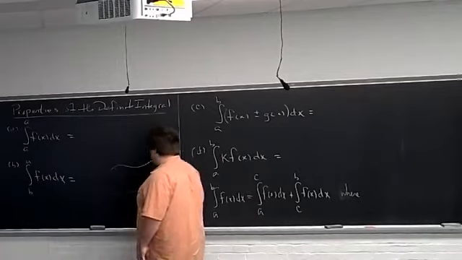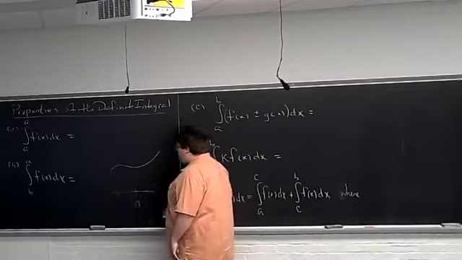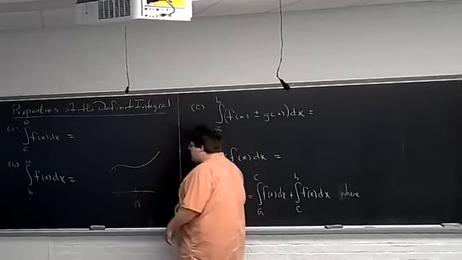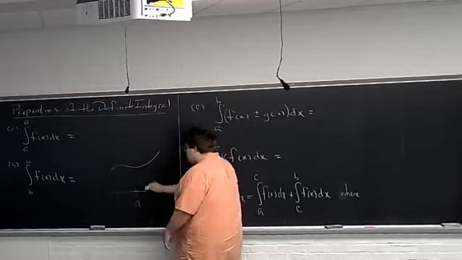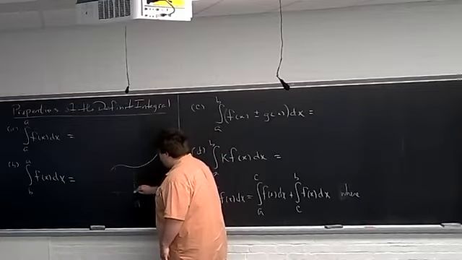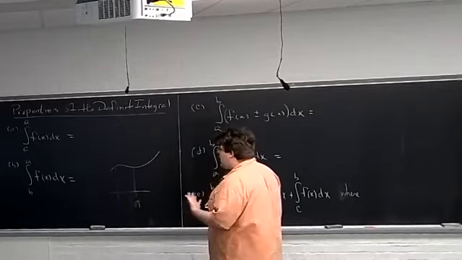So we have a function. Here's a. What is the integral from a to a measuring? Well, the integral from a to b measures some area between a curve and the x-axis, but a to a is looking at what happens just above a.